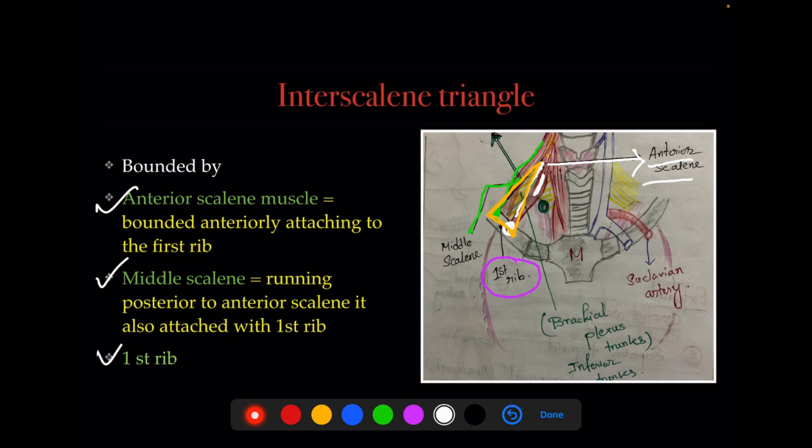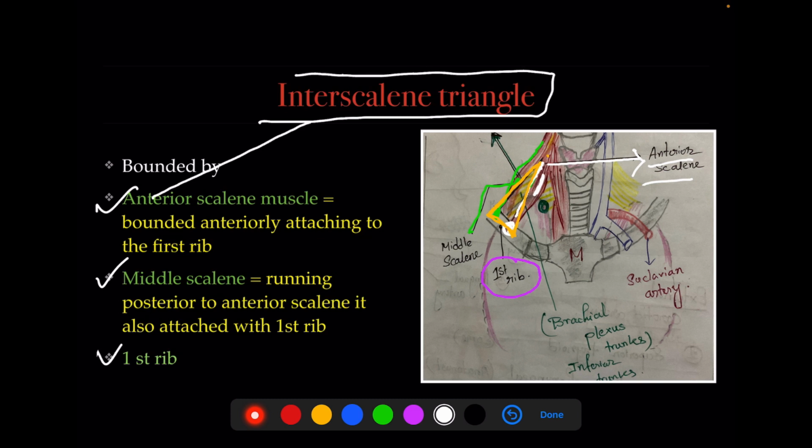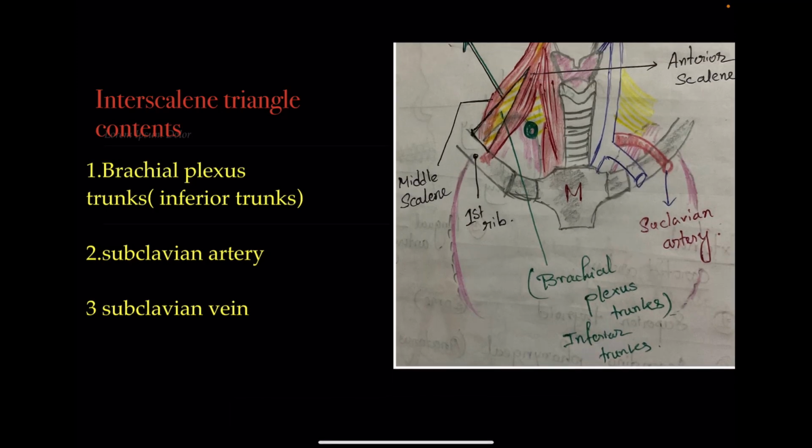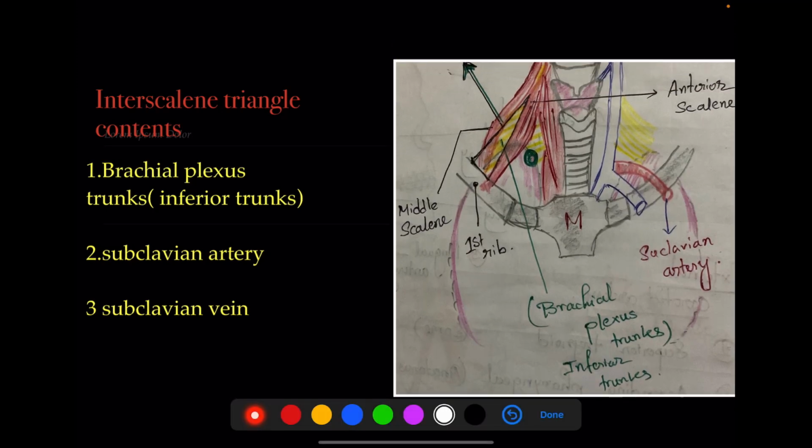That's why it's called the interscalene triangle. Now the interscalene triangle contains the brachial plexus. Here you can see the brachial plexus in yellow. It's all the brachial plexus trunks.